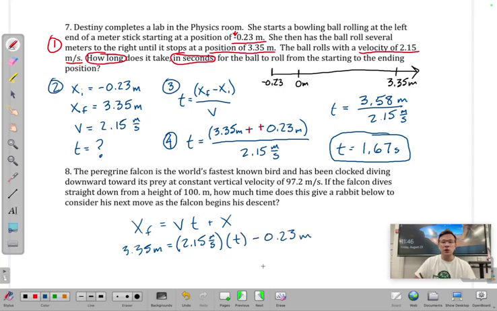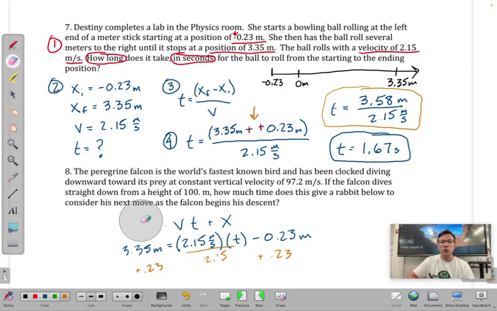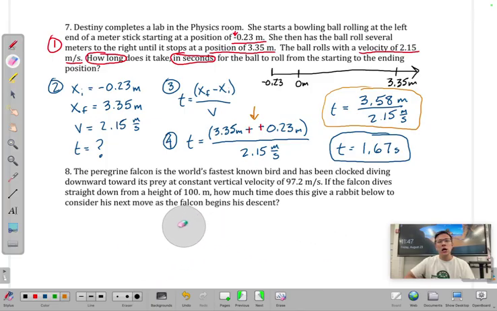And then you can see here we would have to add 0.23 meters to each side. So that would be what we did right here, right? We added those things together. And then you're just left with 2.15 times t, we divide by 2.15, and that's what we ended up with over here. So it all ends up getting you to the same answer. It's just however it makes sense for you in terms of manipulating that equation. I'm okay with whatever you want to do on that.